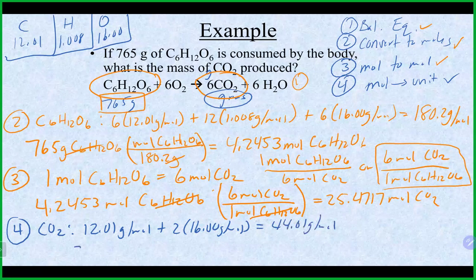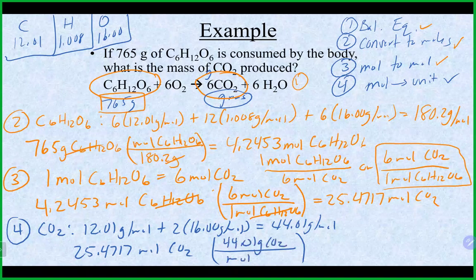Taking our number from above, 25.4717 moles of CO2. Once again, using our molar mass as our conversion factor here on the back end. Grams on top, moles on the bottom, so they cancel. Going to get us here, looks like about 1,121 grams of CO2.